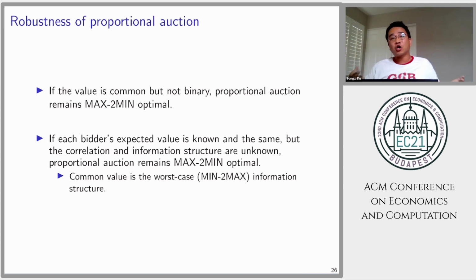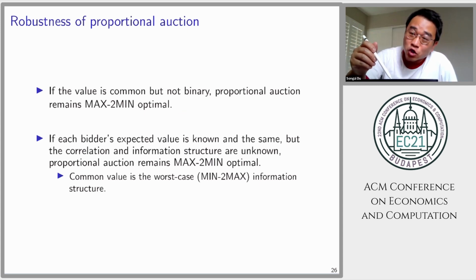So proportional auction works even beyond the simple and stylized binary common value setting. For any common value distribution, proportional auction is max to min. So this is one sense in which proportional auction is robust.